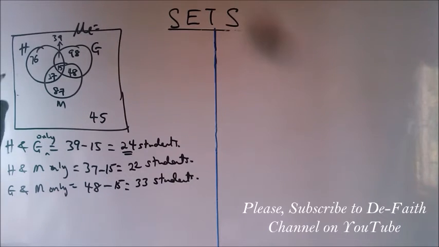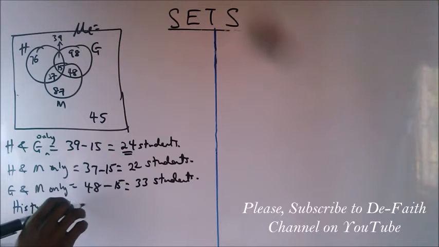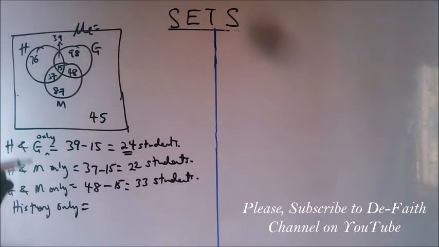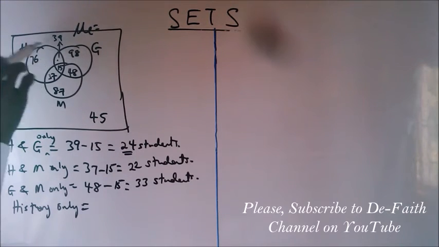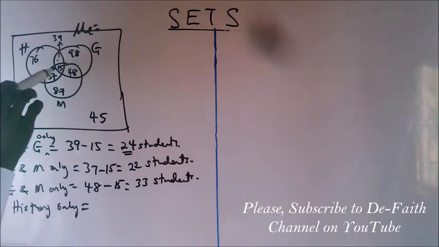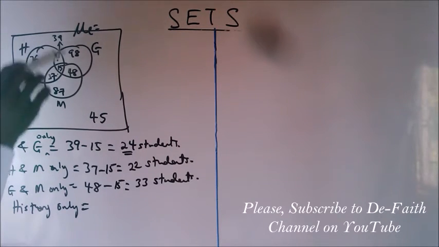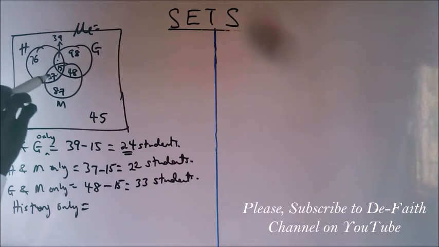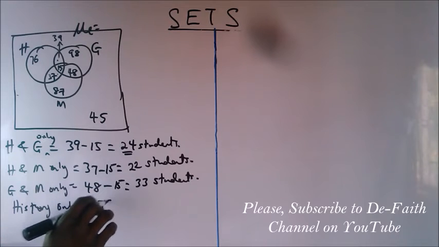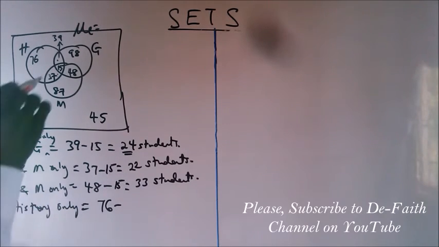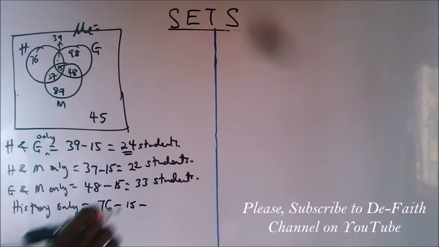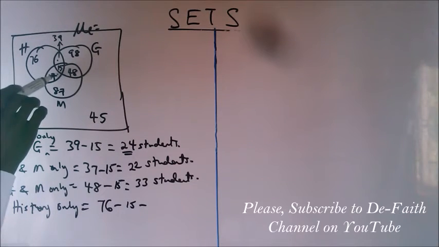Next, we need to get those that love history only. How do we get those that love history only? From this 76 here, we have a combination of this inside this circle, this inside this circle, and this inside this circle. And so what we need to do is to take all of this out from this 76. And here is how it's done. We have 76 minus 15, minus, we will not take this 37.